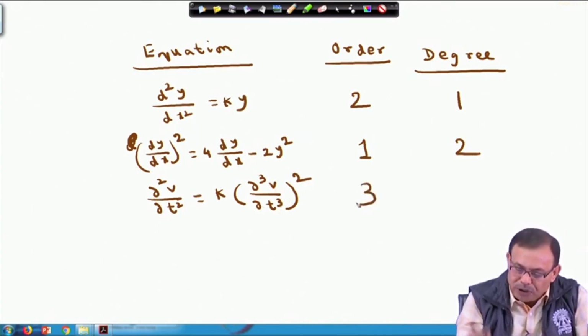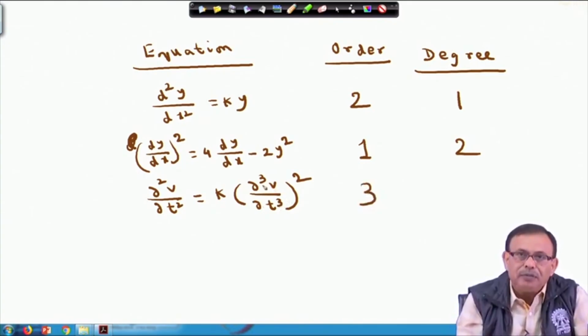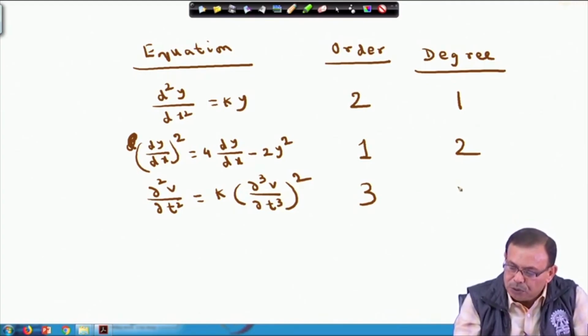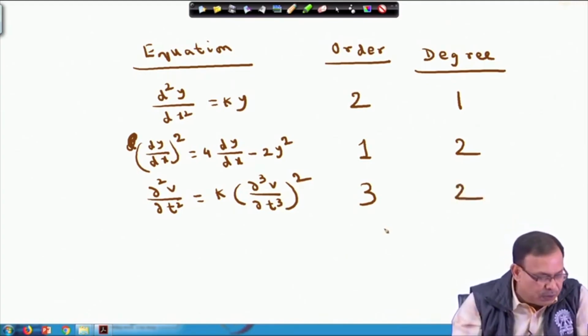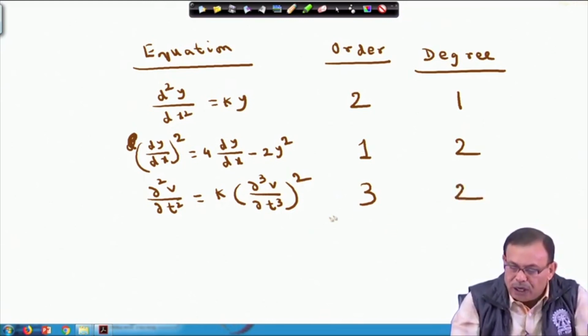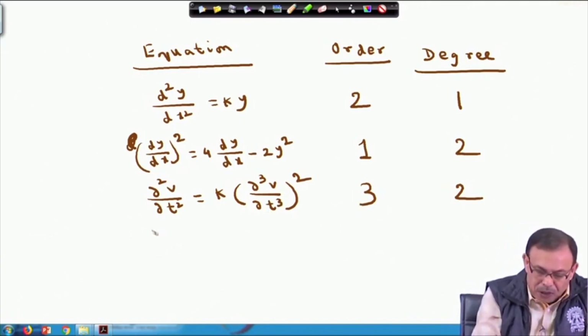So, the order of this equation will be 3, whereas the degree will be, what is the degree of the highest order derivative? It is 2. So, we are writing that for this equation the order is 3, but the degree is 2.